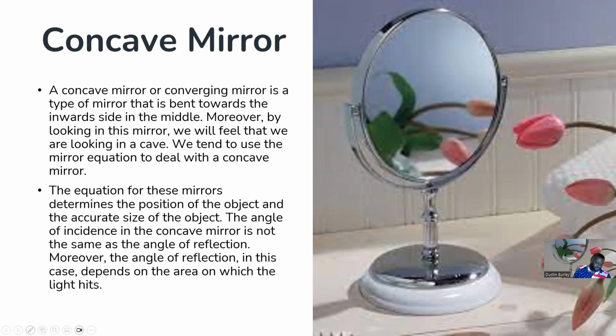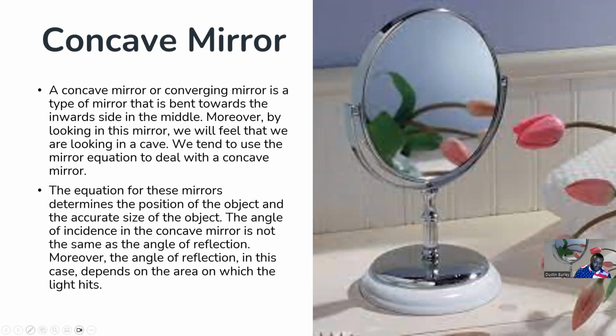Concave mirrors. A mirror with a surface that curves inward, like the inside of a bowl, is a concave mirror. Concave mirrors can reflect parallel rays of light so that they meet at one point.